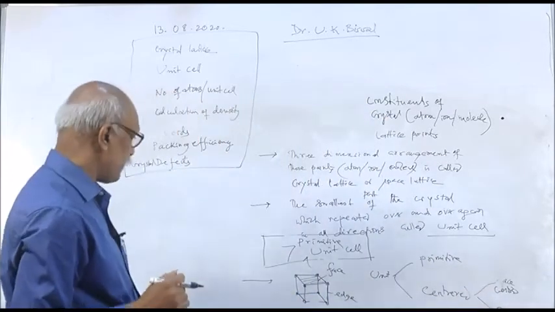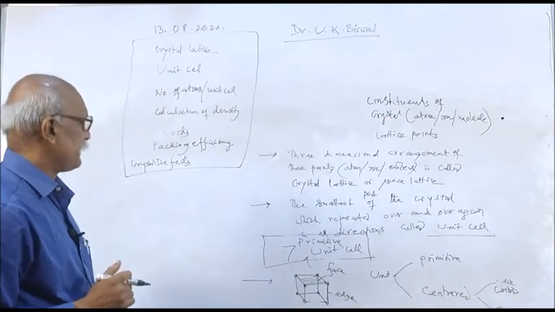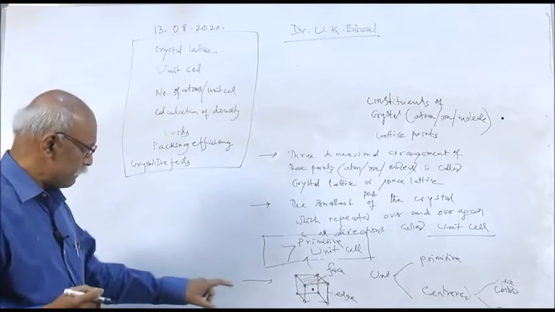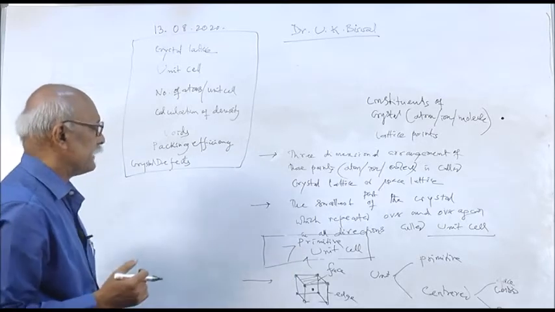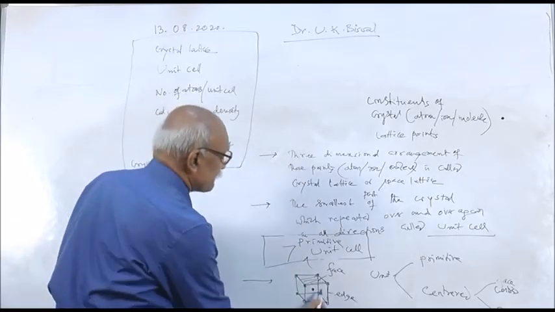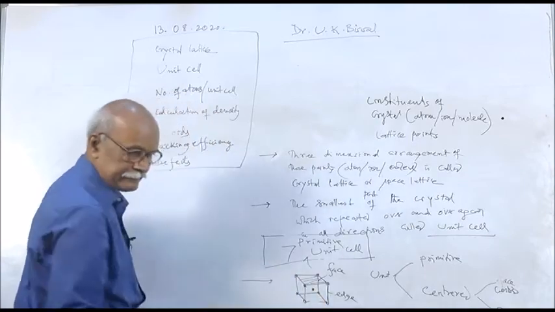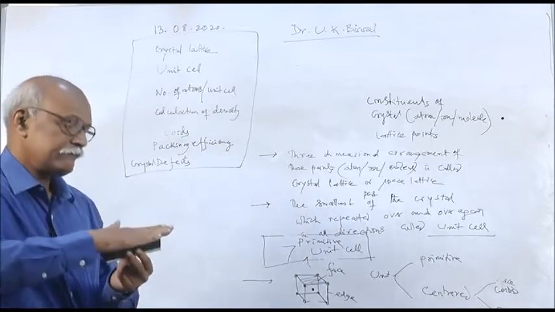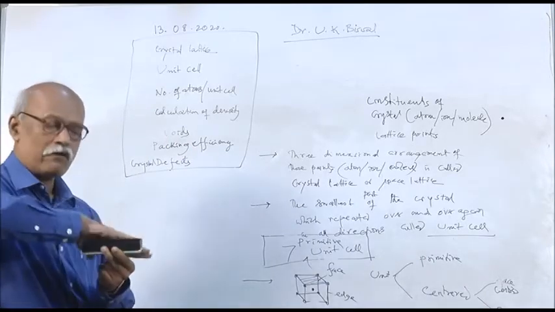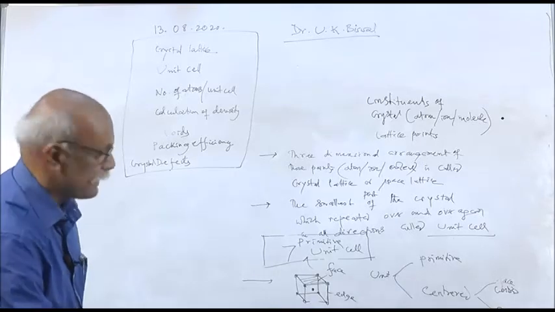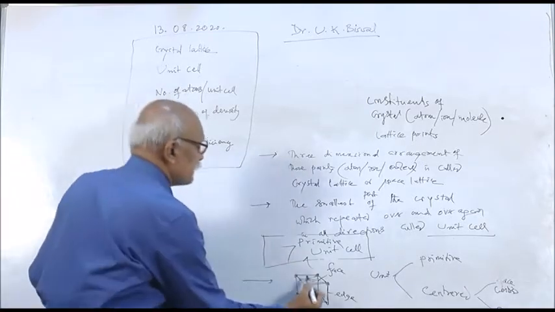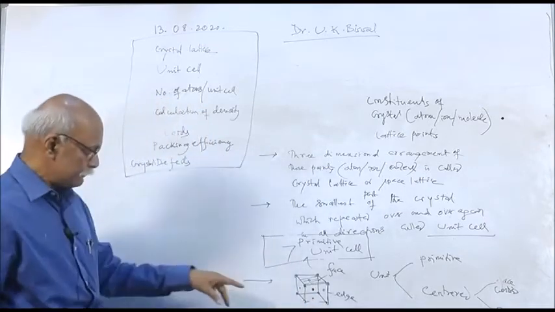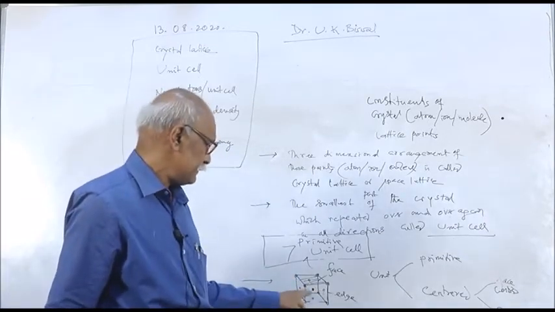Body center means the middle part of the unit cell. And in the cubic lattice there are 6 faces, 1, 2, 3, 4, 5, 6, and if the points are present at the centers of the faces, then that is called face centered. So this is your face centered, this is your body centered.